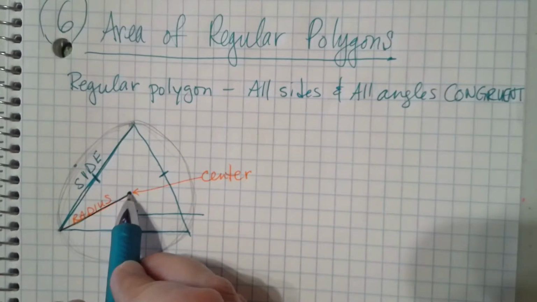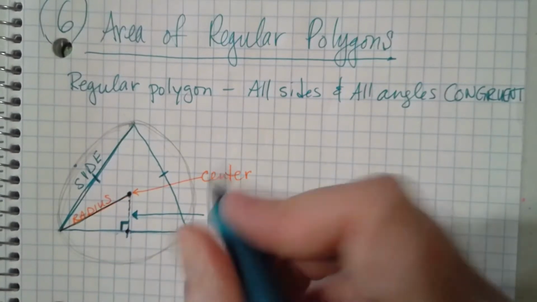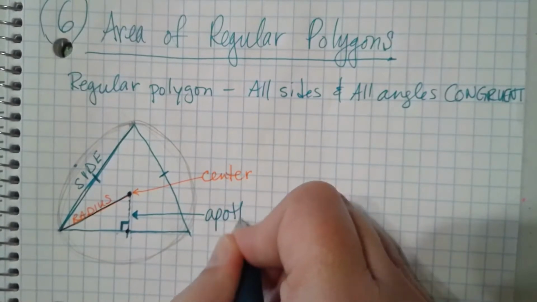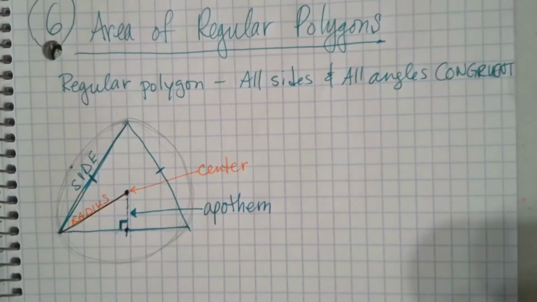The little segment that starts at the center and comes perpendicular to the midpoint is called the apothem. Some teachers say it differently, like that potato, potato, tomato, tomato thing. They're both acceptable.